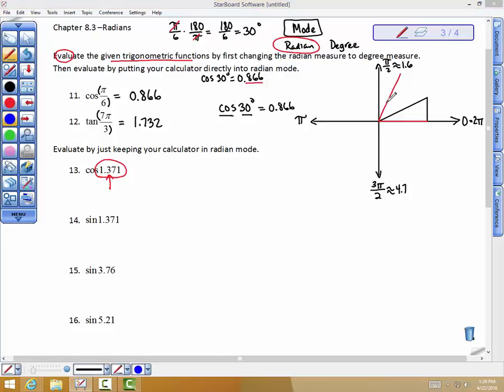Maybe I'll do this in a different color. So talking about this angle being close to, again, the 90 degrees. The sine of this angle in blue is this side opposite, which is the y value, divided by the hypotenuse. Go ahead with your calculator in the radian mode and just type cosine 1.371. And again, notice this side opposite is pretty close to the length of the hypotenuse.